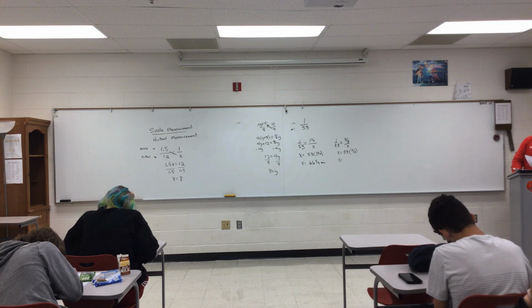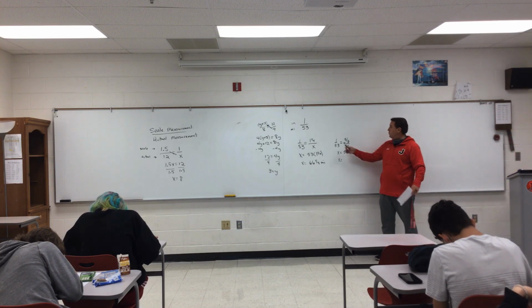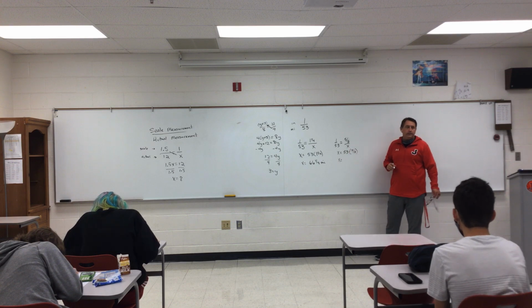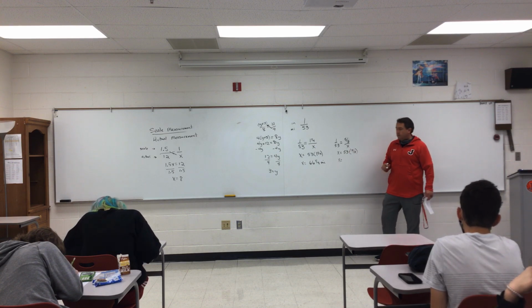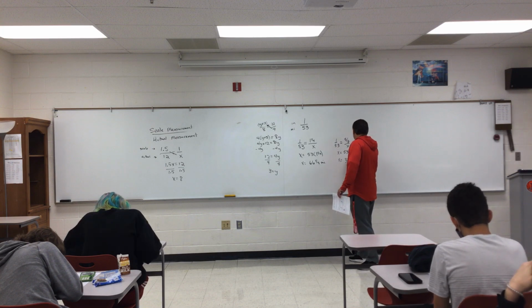Everybody set up 1 over 53 equals 5/8 over X. So we're doing 1 times X, and 53 times 5/8. What's 53 times 5/8 give us? 33 1/8. So 33 1/8 miles would be our answer.